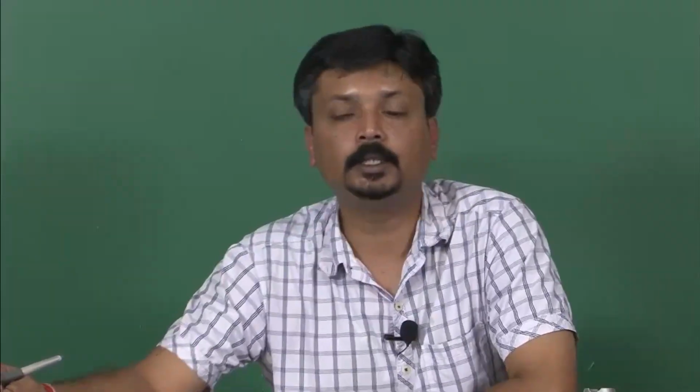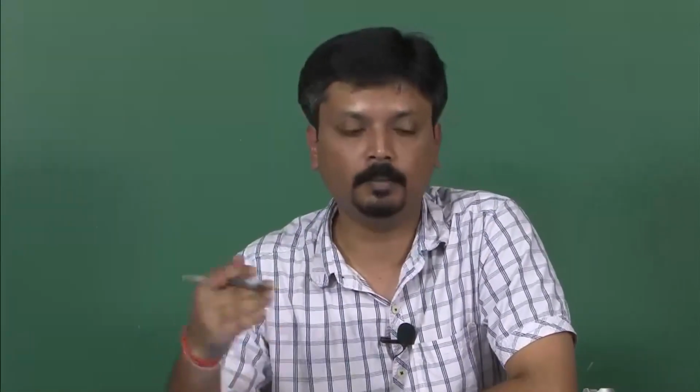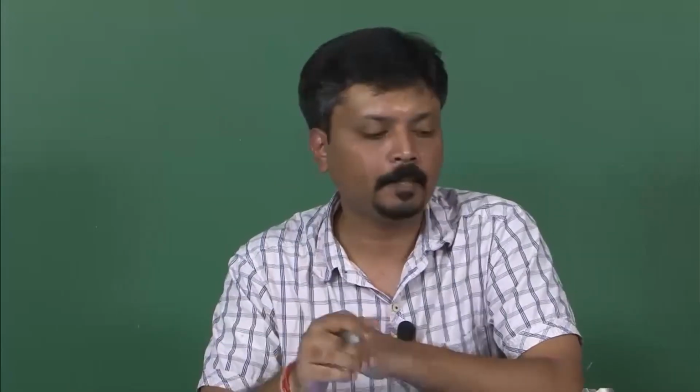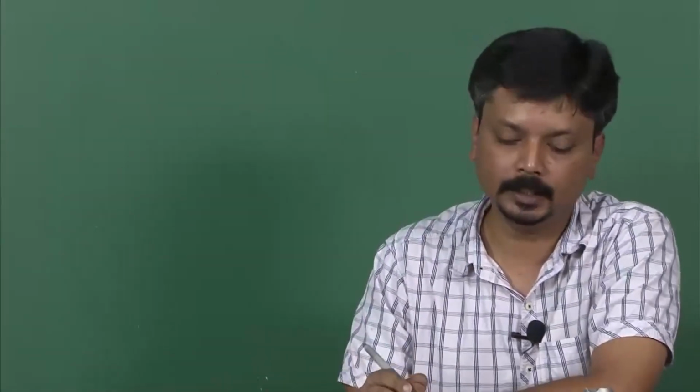Okay, we might touch upon this particular part of photodynamic therapy during the application part, when we talk about the applications. There are many other types of applications in medical science, and we are not going to talk about everything. What I am trying to do in this first class is to give you a glimpse of the areas where this can be applied, and some of this we will discuss in detail.